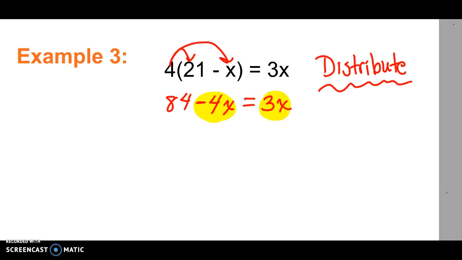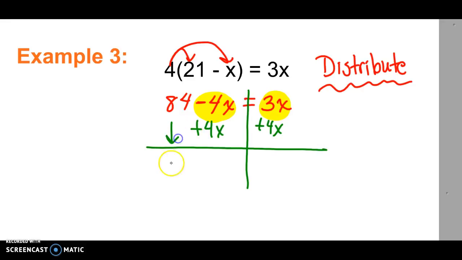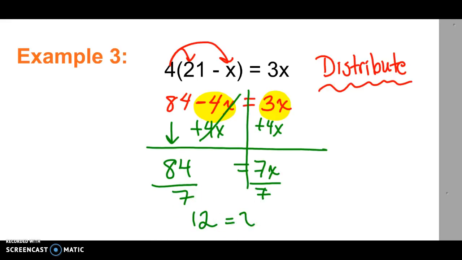Negative 4 is less than 3, so I'm going to add 4x to both sides. 84 drops down. Those cancel, equals 7x. Divide both sides by 7. You get 12 equals x.